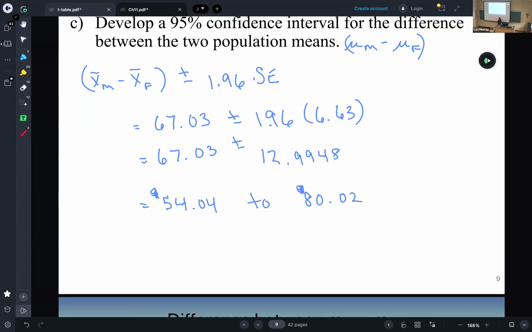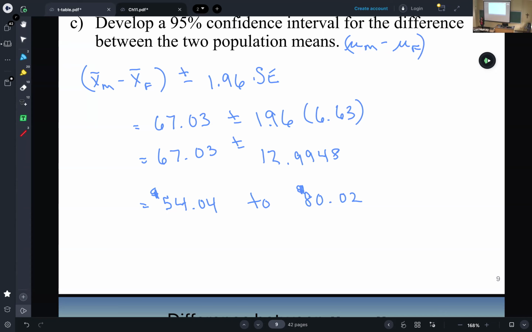So this is how we conclude and how we say it. We say, on average, the males spend $54 to $80 more than the females. And we have statistical significance, not because of the amount, but because it didn't cross over 0.